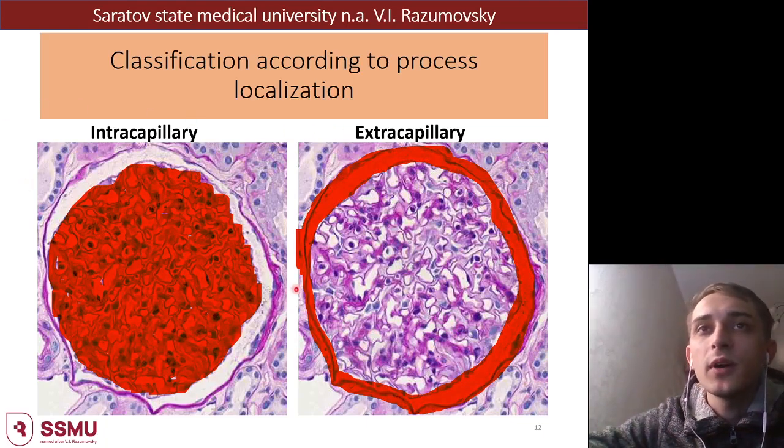Intracapillary glomerulonephritis is associated with localization of the pathological process in the territory of vessels and mesangiocytes and all other forms which form glomerular vessels. Extracapillary glomerulonephritis is localized in the space between vessels and capsule, and we may see localization of the pathological process here. We will discuss it later.